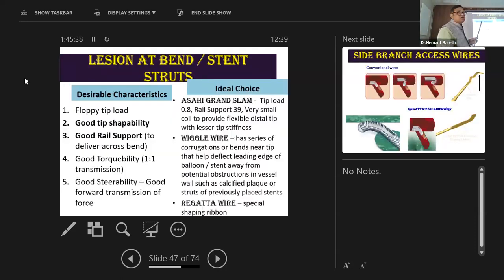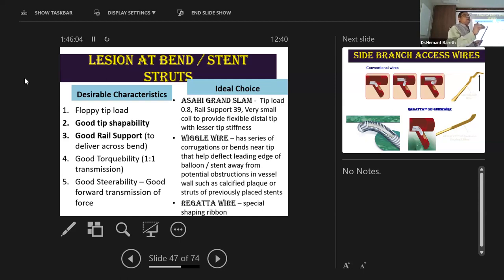Now, another special situation, not tortuous, but a lesion at a bend or a lesion beyond the stent struts. So that is a special situation. Now, what do you require in this case? Again, you need the tip to go through, negotiate this particular bend, cross over that stent strut, and therefore you cannot have a higher tip load wire.